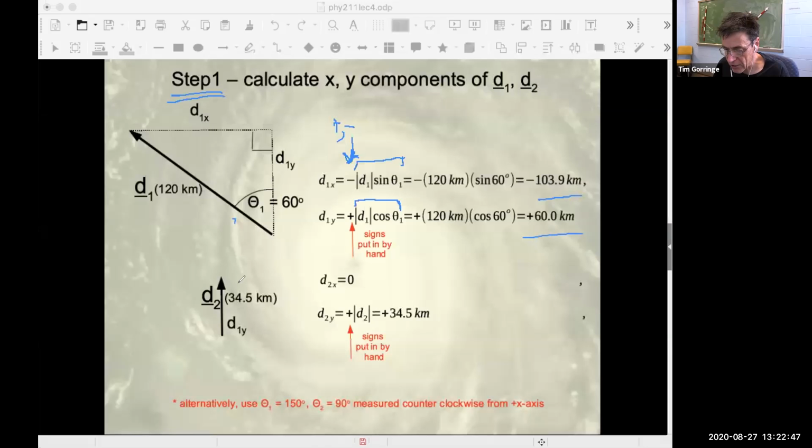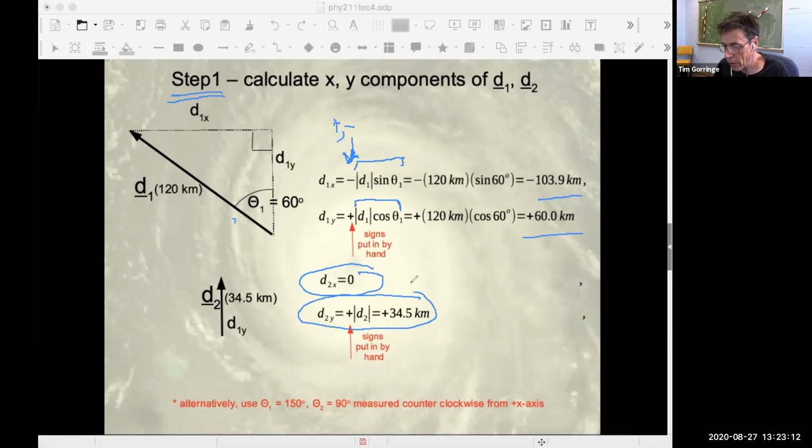It's actually much simpler for the second vector. I mean, you can see the answer for the second vector. Look, the second vector is just straight in the y direction. It's straight up. There's no east-west component to it, no horizontal component to it. And so for the second vector, I didn't even need to calculate anything. I just said that there is no x component. There's only a y component.